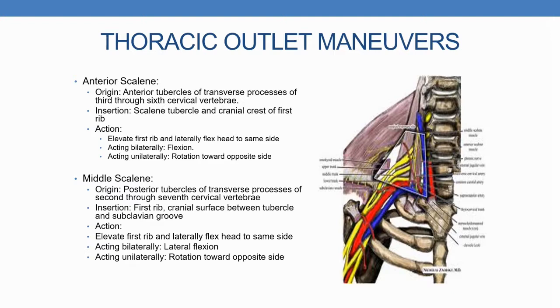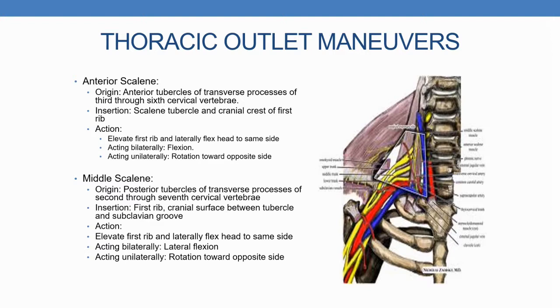The middle scalene has its origin on the posterior tubercles of the transverse processes, now of the 2nd through the 7th cervical vertebrae. So it has a little bit larger and a little bit broader origin than the anterior scalene. Anterior scalene is C3 through C6. Middle scalene is C2 through C7.